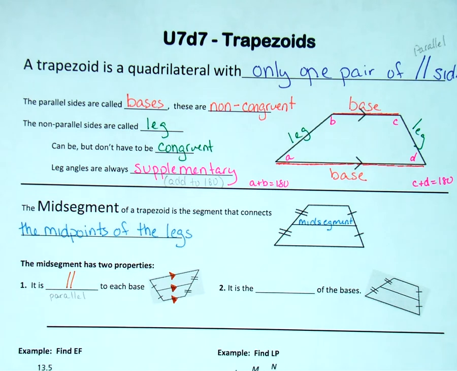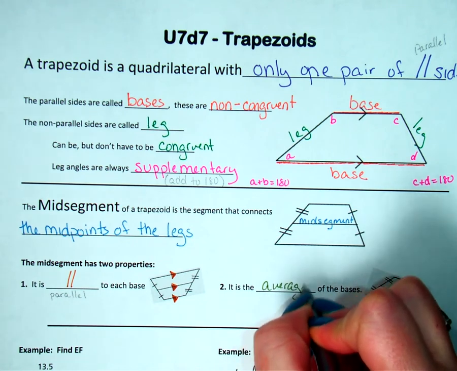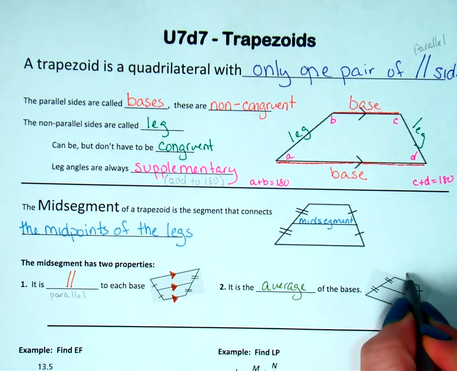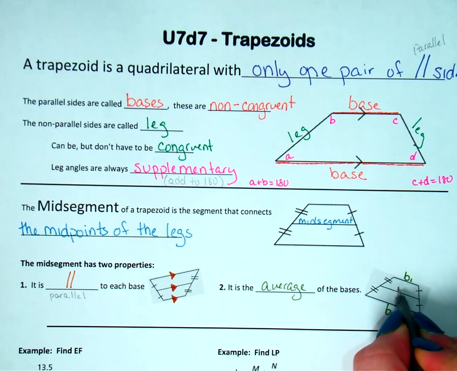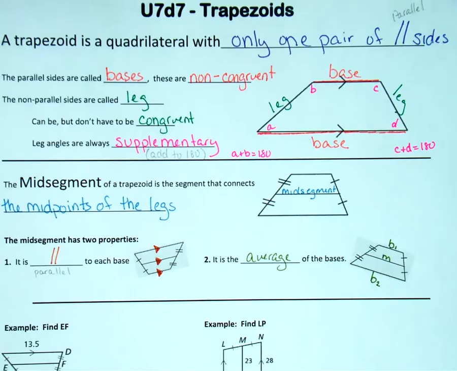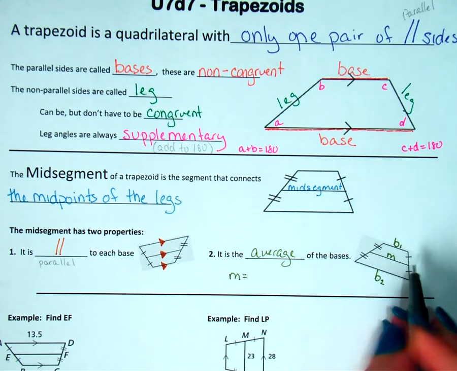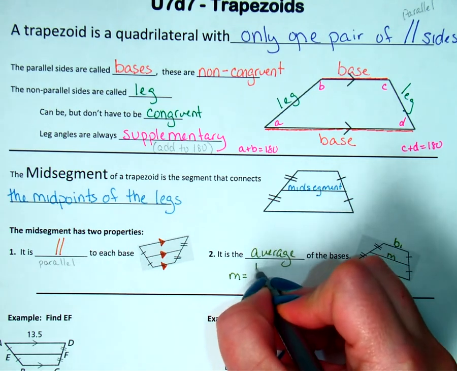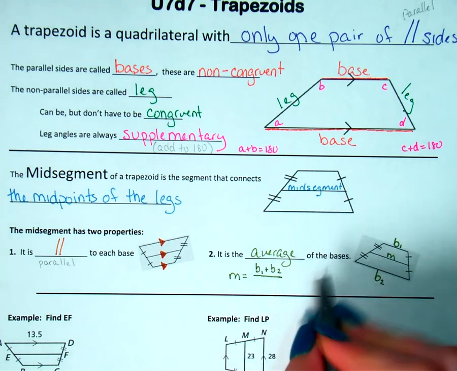Okay, the second neat property is that the midsegment is the average of the bases. If I call this one base 1 and this one base 2, and I put an M for midsegment, then I can find that midsegment by adding together my 2 bases, base 1 plus base 2, because when you average you add the numbers together, and then you divide by how many there are.